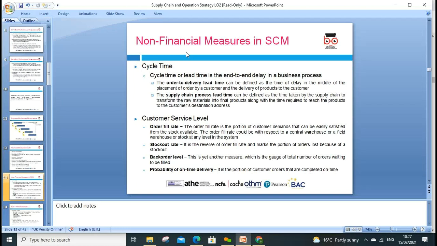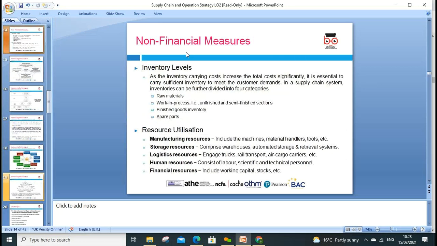Non-financial cycle time: of course, we can look at how much time, lead time, and delays in the business processes, order to delivery, supply process lead time, and customer-level order fill rate, stock-out rate, back order levels, and the probability of on-time delivery. So that regularly needs to be measured. Ultimately, this can lead to future orders being dropped, thus we need to look at it.